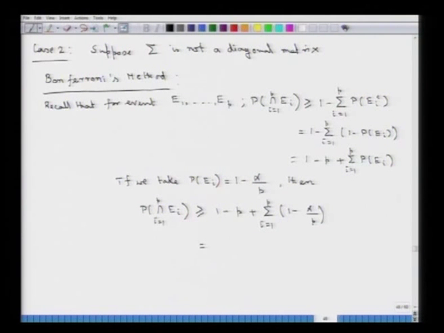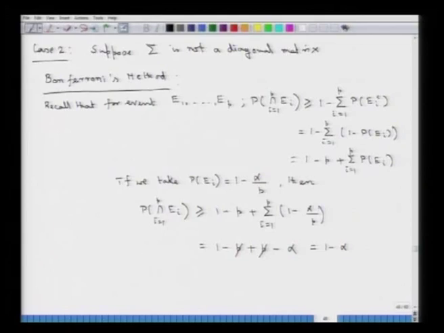So, that this term is equal to 1 minus p plus p minus alpha. So, this p term cancels out, and this is equal to 1 minus alpha. So, this basically is derived from Bonferroni's inequality, and hence the name of this construction of the simultaneous confidence interval is what is given as the Bonferroni's method.